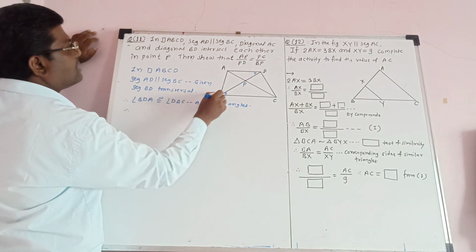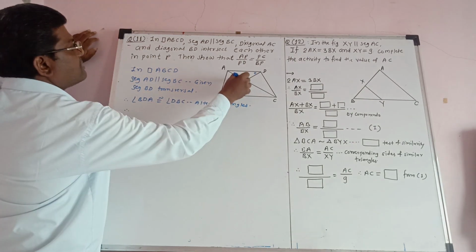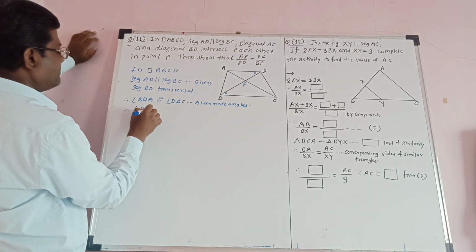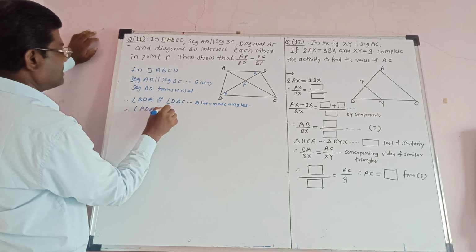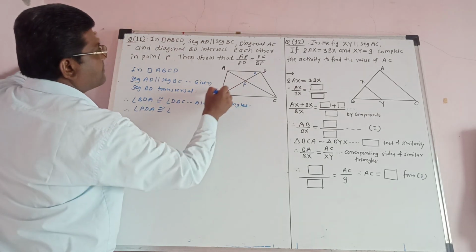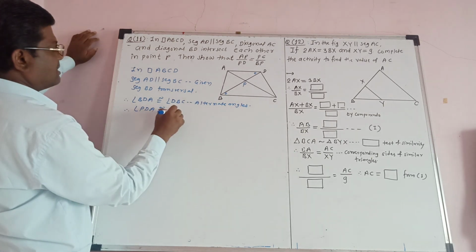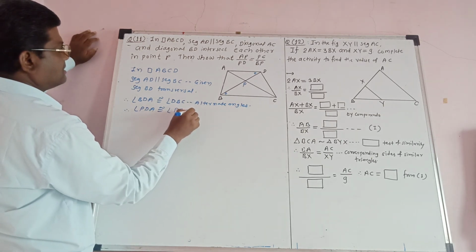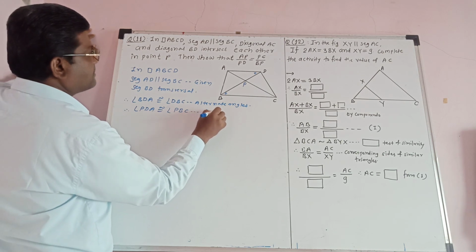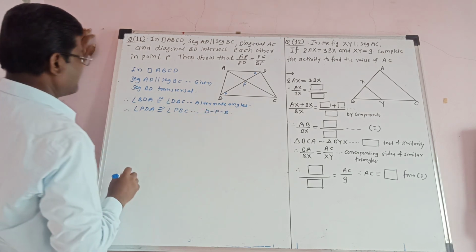Angle BDA means angle PDA. Therefore angle PDA is congruent to angle DBC, which means angle PBC. Reason is D-P-B.